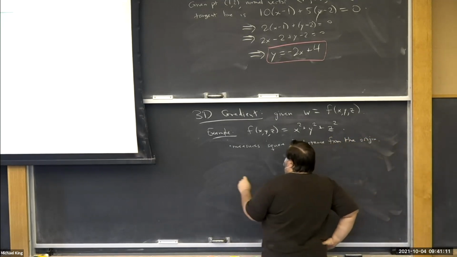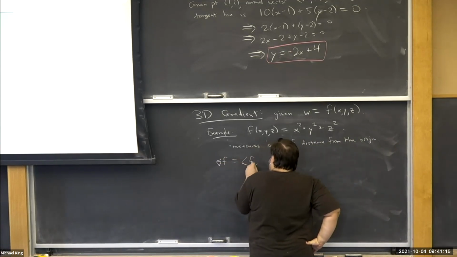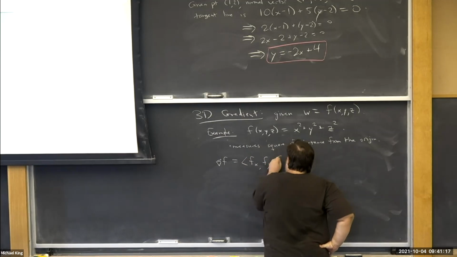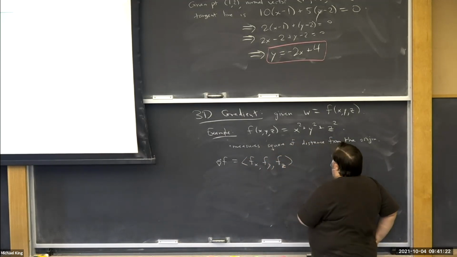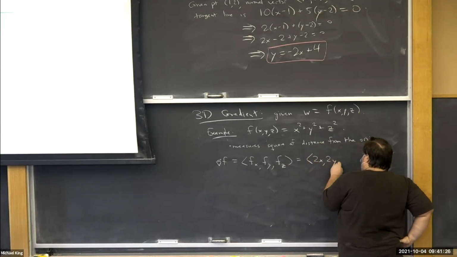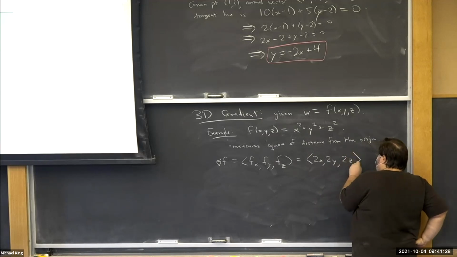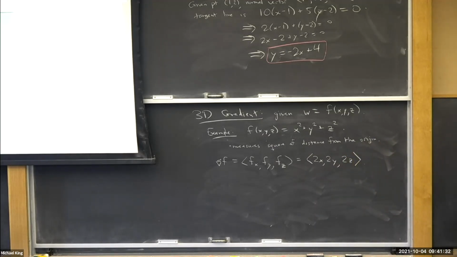The gradient of f in this case is just, now it's going to be partial x, partial y, partial z. It's a 3D vector, which here is not too bad, right? It's just (2x, 2y, 2z). And the thing I want to claim is that all the same interpretations that we had for the 2D gradient work for the 3D gradient.